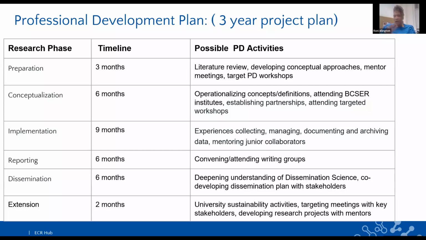If you're at the point where you're implementing your project and you're not the best at handling qualitative data, for example, you might have something in your professional development plan where you're doing something with a colleague around collecting and managing data. So you have a friend or a colleague in anthropology, for example, you're used to doing quantitative work, you don't know much about qualitative work, so you partner with somebody to help and support you in how you collect, analyze, and archive qualitative data. You see how now it becomes a professional development activity along with the research component.